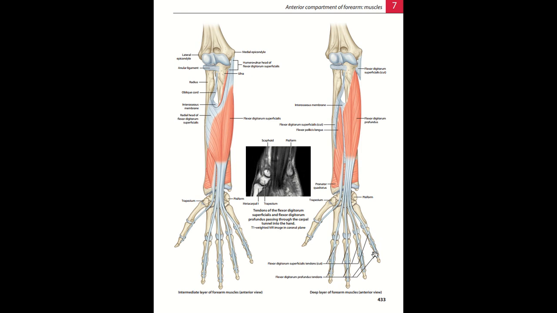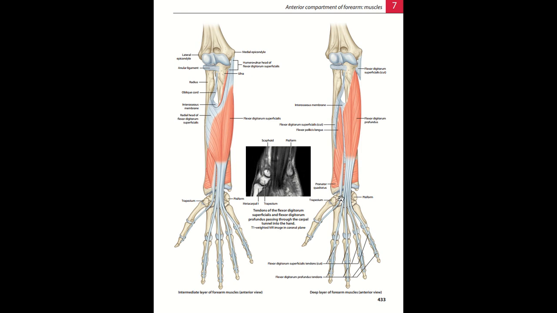Its main action is flexion. So it flexes the distal phalanx of the fingers, and it assists in the flexion of the middle and the proximal phalanx as well, and the wrist joint. So it flexes the wrist joint.